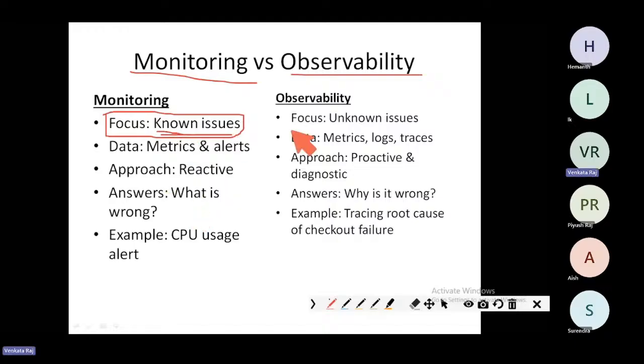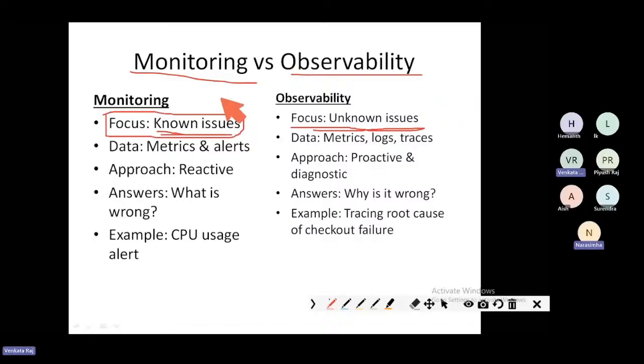But in case of observability, our focus is primarily on unknown issues. You get a problem, but you are trying to find the root cause. You do not get the root cause upfront. You have to find out the root cause. What is the root cause of the problem? I do not know the cause, so I'm trying to find it out. It is unknown to me.